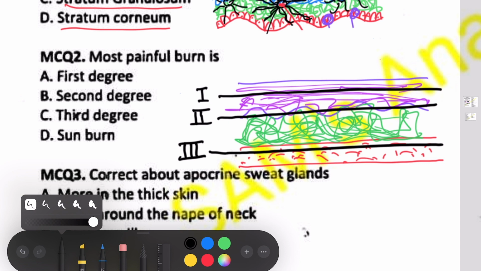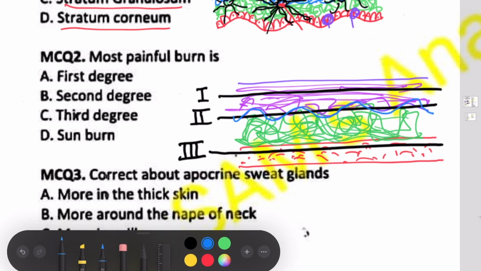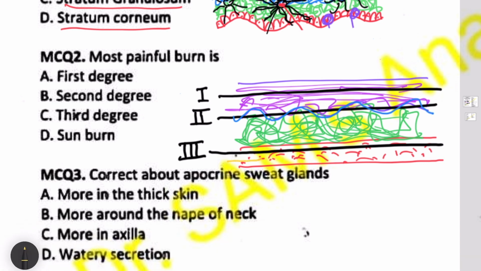We're talking here about the dermo-epidermal junction. And you also know that the neurovascular plane running in the hypodermis all cross the dermis and reach the stratum basale, the basal layer of the epidermis.